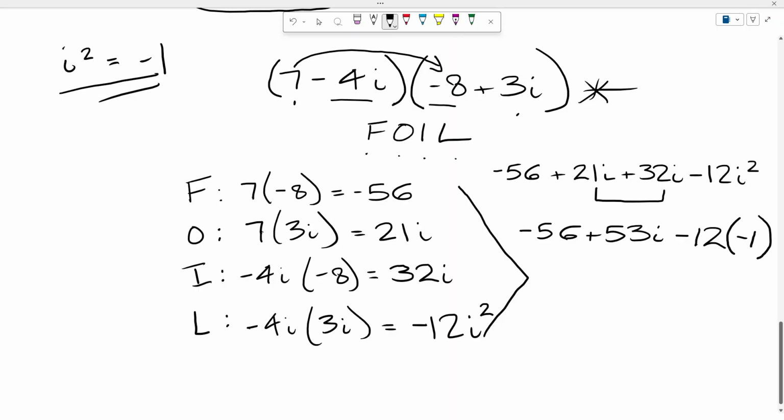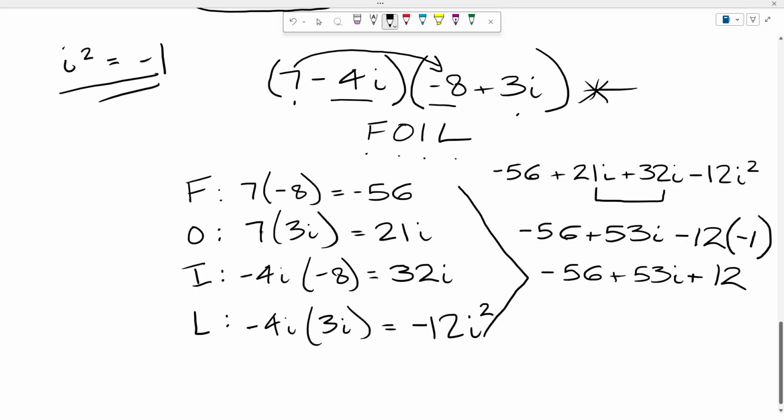So now we have negative 56 plus 53i. And then we have 12 times negative 1, which will give us a negative 12. So minus a negative 12. Remember, the minuses come together, they form the plus. So minus a negative 12 will become plus 12.